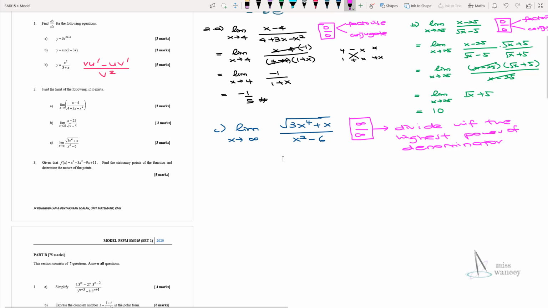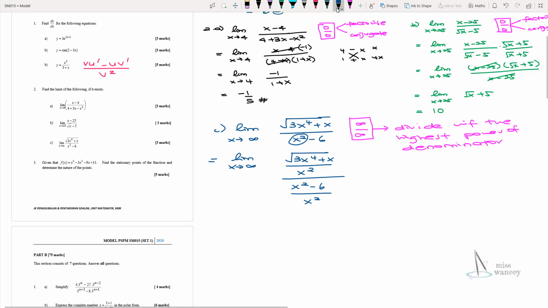Okay, so what is the highest power for our denominator? So as we can see, the highest power is x squared, so I'm going to divide with x squared. So this is the limit as x approaches infinity, square root of 3x to the power of 4 plus x over x squared minus 6 over x squared.